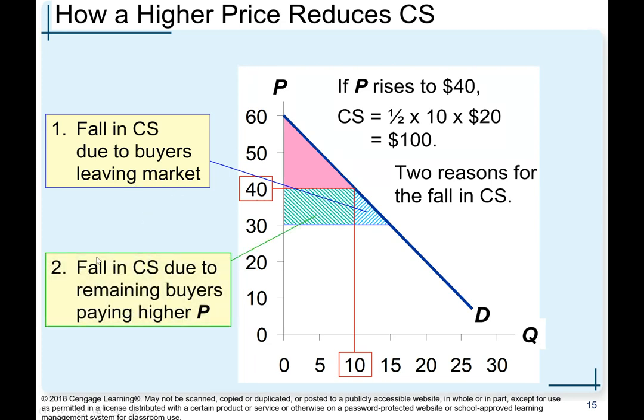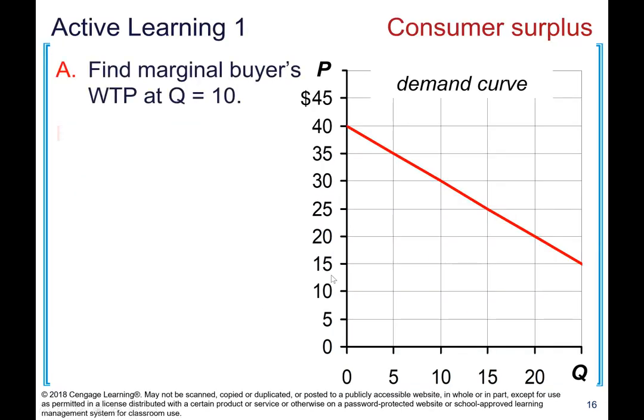The other fall in consumer surplus is due to remaining buyers paying a higher price. Okay, so the price was 30, now it is 40. Those who are going to pay it anyway are now paying a higher price, and that reduces their consumer surplus.